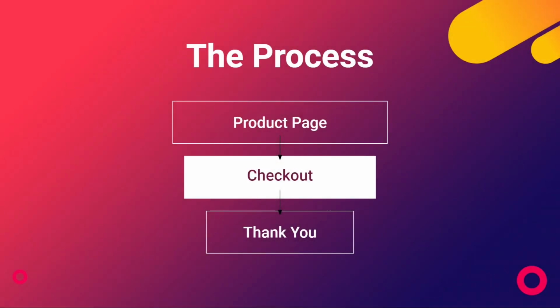Stay tuned. So what is the process of a sales funnel? What is the idea of a funnel in general? In this case, a sales funnel is that you have a product page, which is highlighting the product in the best possible way. No distractions, information about the product to push the user to buy. And then go to the checkout, of course, without add to cart, without this tedious process and ways to lose the customer.